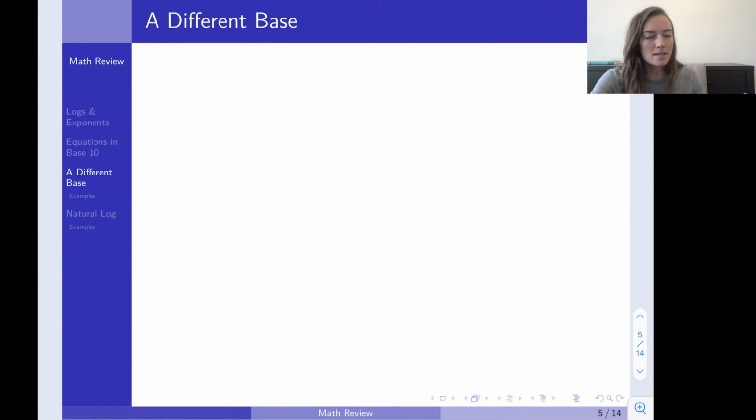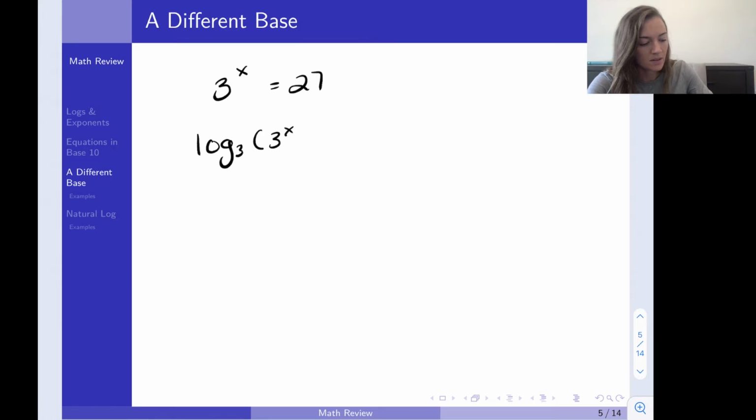Okay, so let's see a similar simple example, but in a different base. So let's do 3 to the x is equal to 27. So now we have a different base. So the first way to do this is just take the log base 3 of both sides. So I'm just going to take log base 3 of both sides.